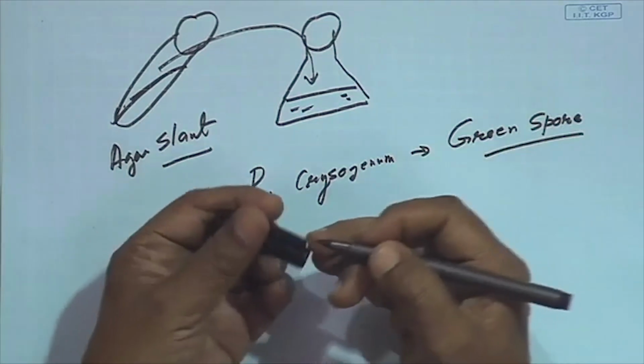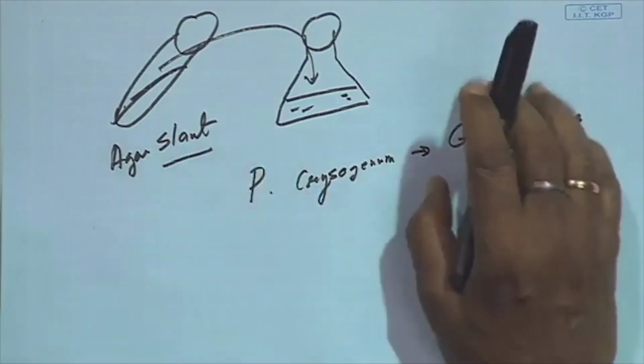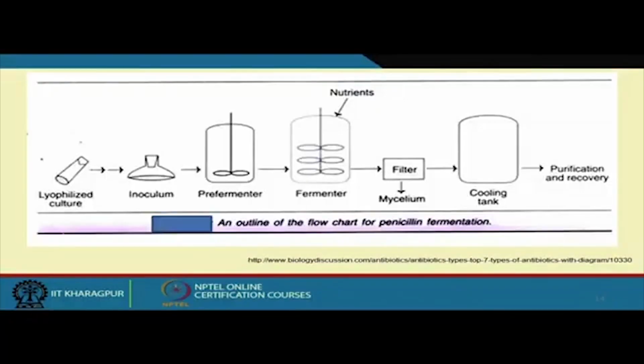In the case of Aspergillus niger, we had the black spores, and here we have the green spore, and we can count it and prepare the spores for culture in the lab.